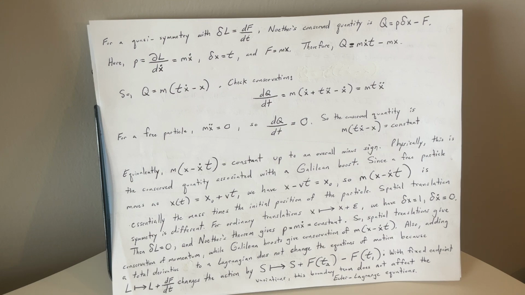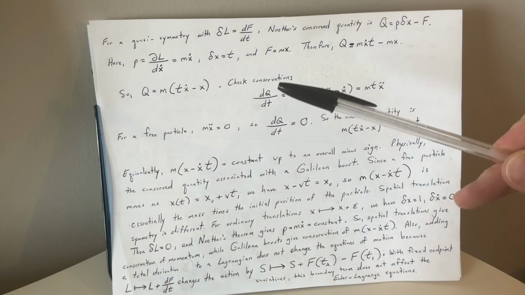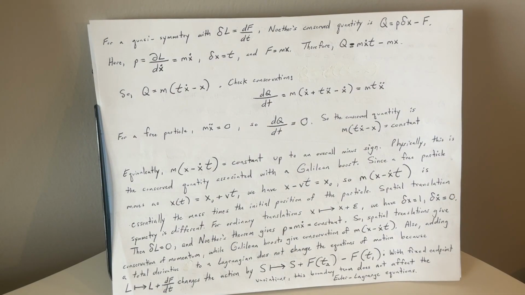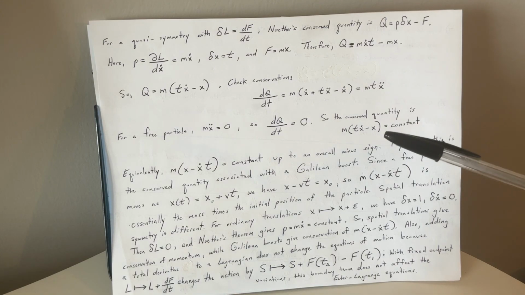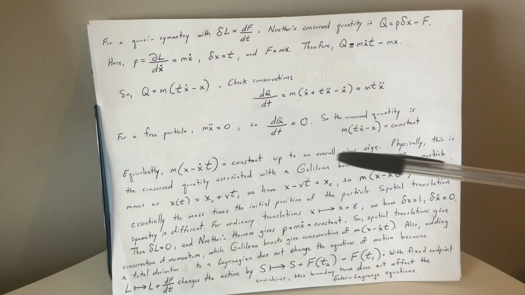So q equals m times the quantity t x dot minus x. And checking conservation, the derivative of q with respect to t is equal to m times the quantity x dot plus t x double dot minus x dot, and that equals m t x double dot. For a free particle, m x double dot equals 0, so dq/dt equals 0.